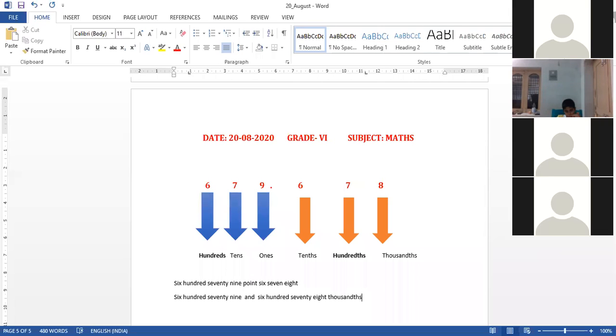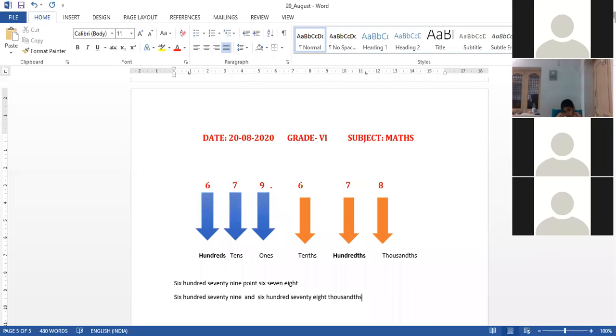679. In the place of the dot I have written AND. Why have I written AND? Because the number before the decimal is greater than 1. If the number before the decimal is less than 1, then I write point only. But if it is greater than 1, then I mention AND. 679 and. Now after the decimal, how to read? Firstly we read the number, 678.